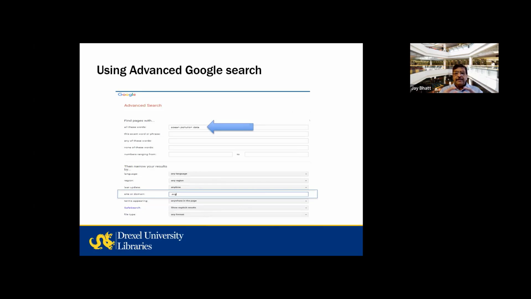But before we do that, I just want to give an example of how, using advanced Google search, you can find ocean pollution data, for example. Instead of ocean pollution, you can say something like supercapacitors, for example.